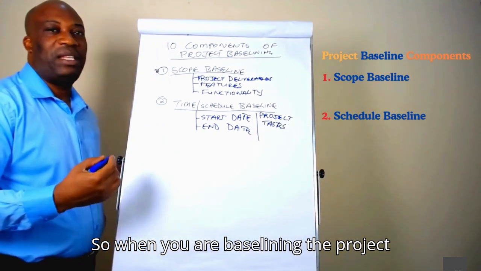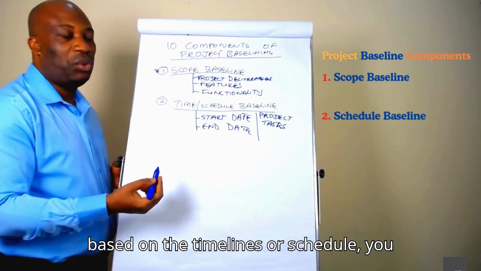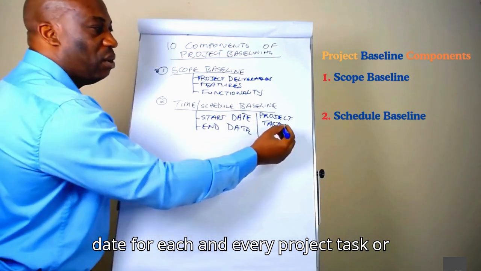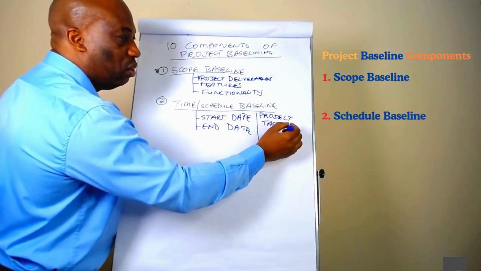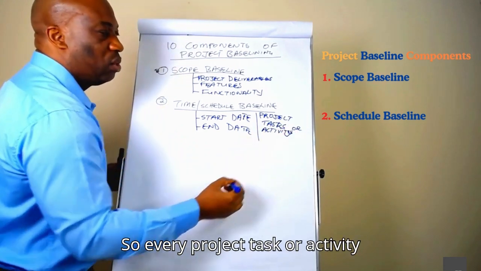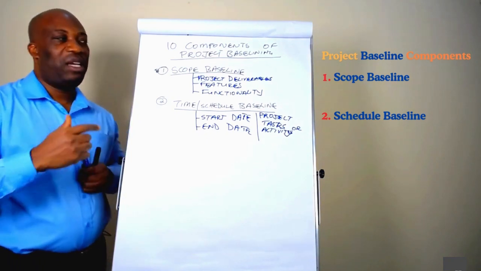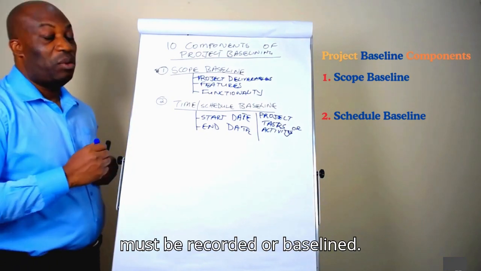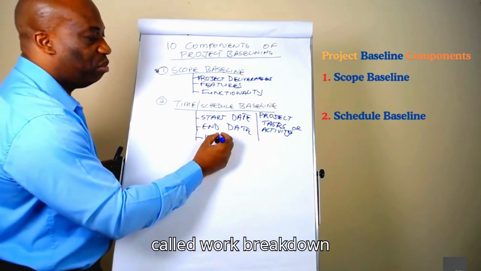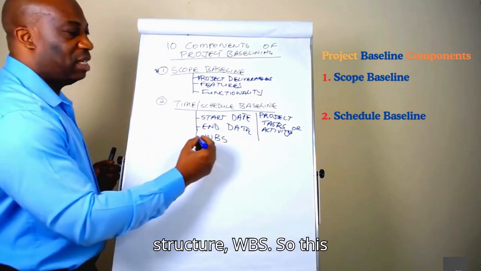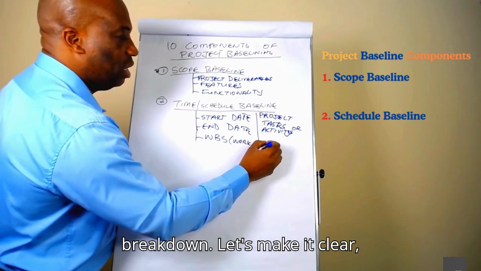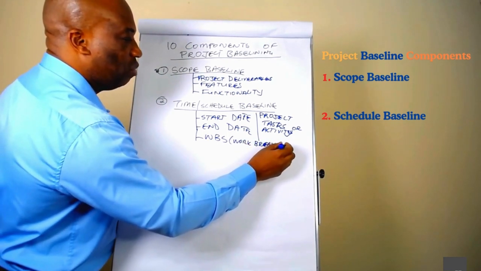So when you're baselining the project based on the timelines or schedule, you need to record the start date and the end date for each and every project task or even activity. So every project task or activity must be recorded or baselined. When you do this, you end up with what is called the work breakdown structure, WBS.